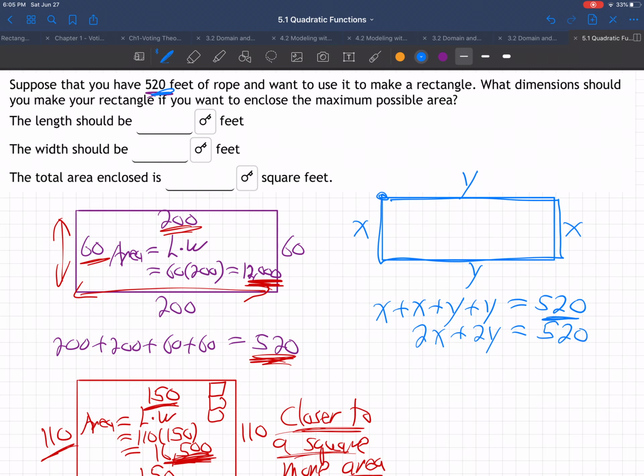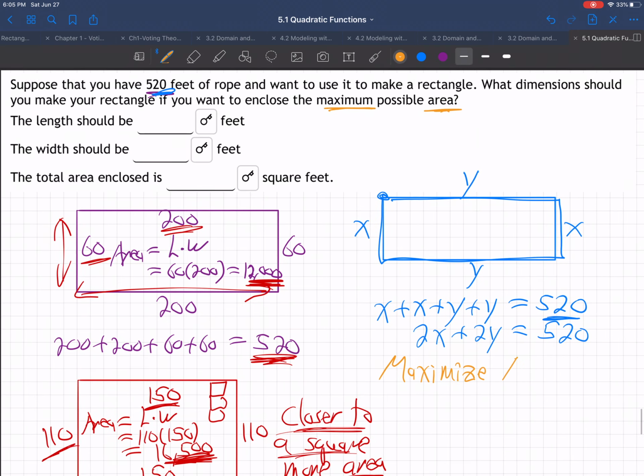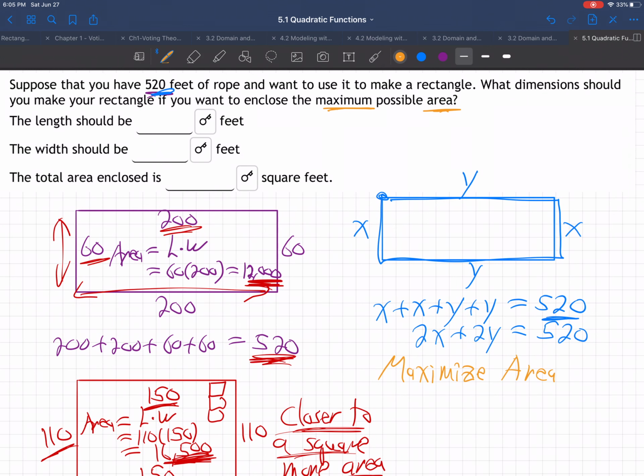Okay, now what are we trying to maximize? It says right here, maximum area. Maximize area. Now what is the formula for area? Area, as we did a couple times, is length times width, isn't it?